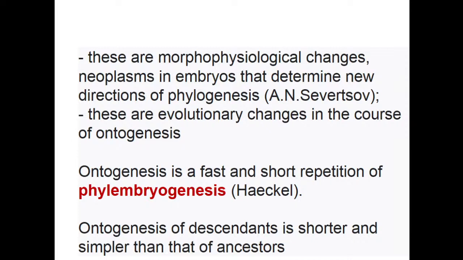Embryogenesis, the start stage of ontogenesis, has all the stages which this species had in the evolutionary process. Only ontogenesis is much shorter and simpler than what was in reality in this process.